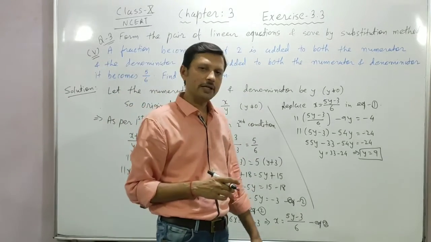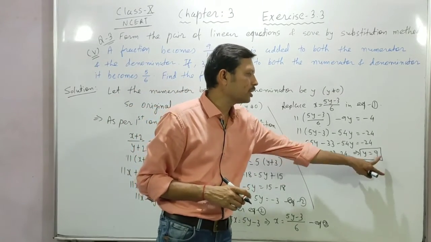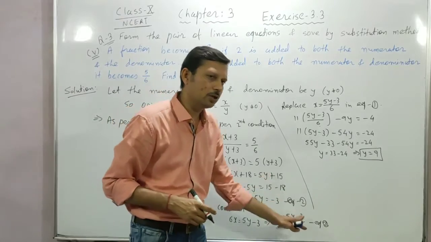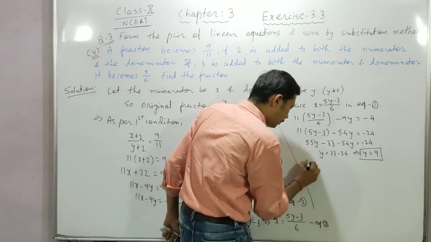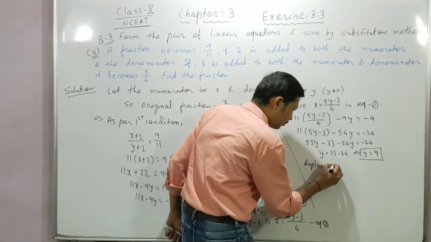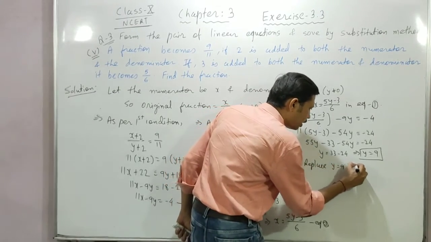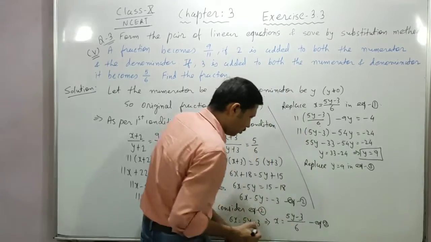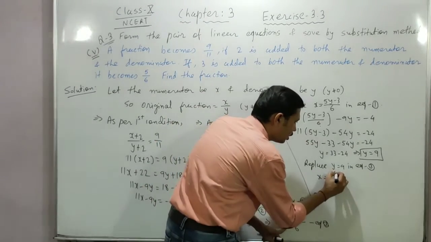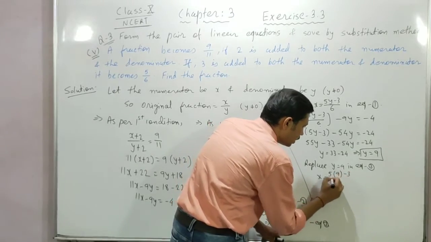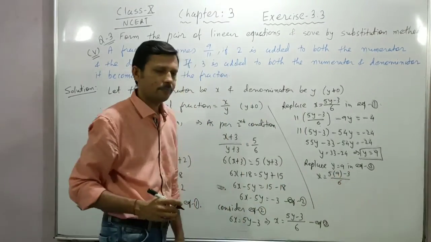Clear? Now to get the value of x, I will replace y equal to 9 in equation number 1, 2 or 3. But the third will be easier. So replace y equal to 9 in equation number 3. What is equation number 3? x equals (5 times the value of y, 9, minus 3) upon 6.